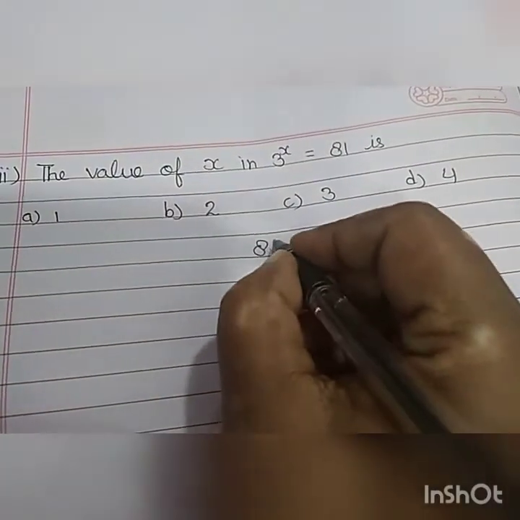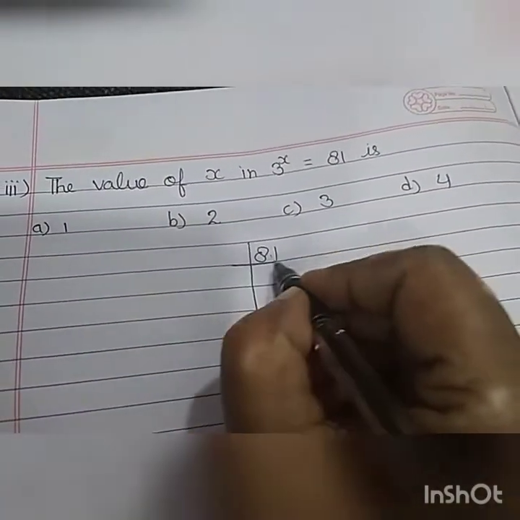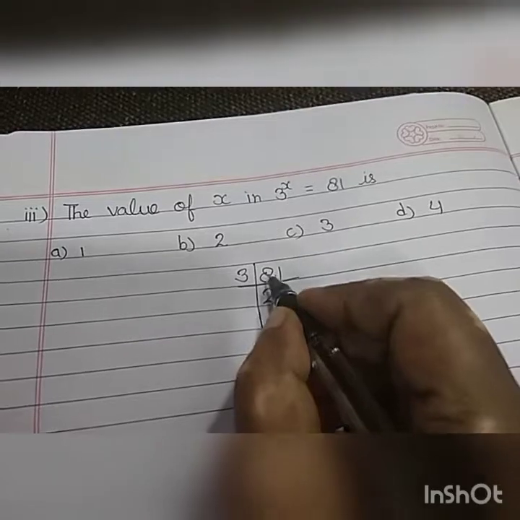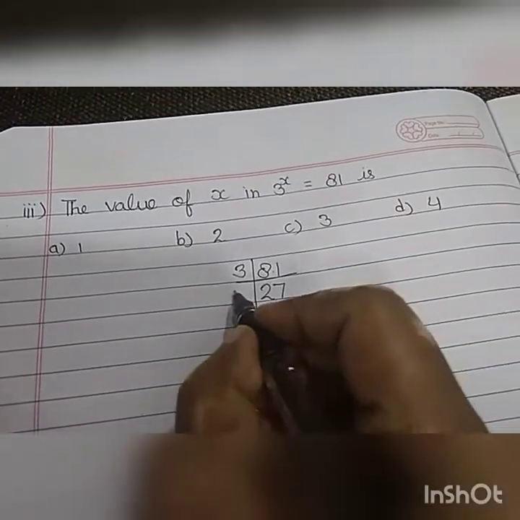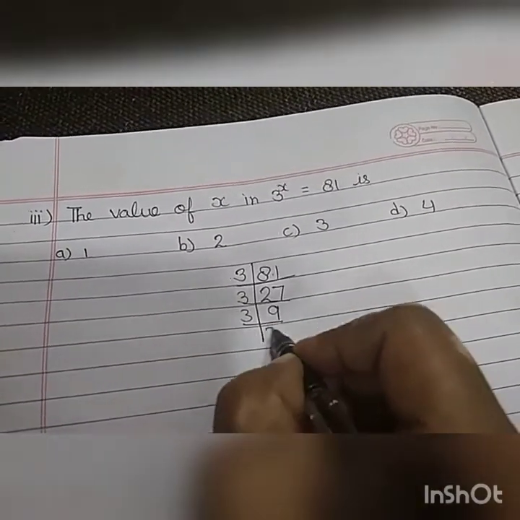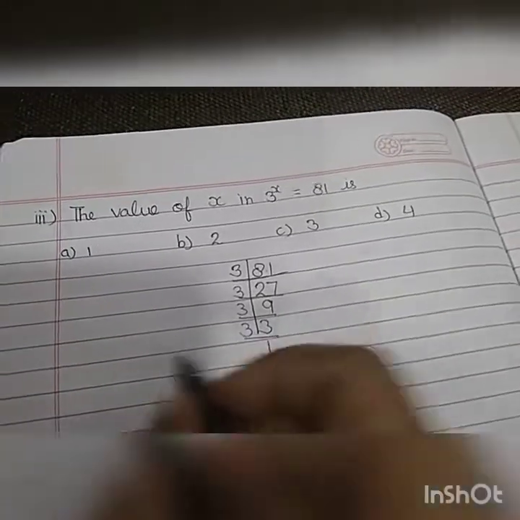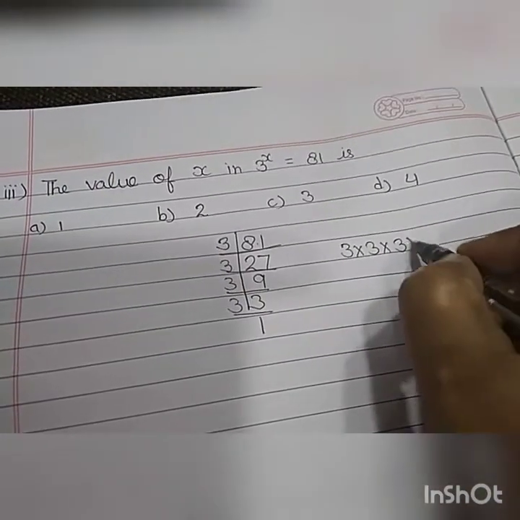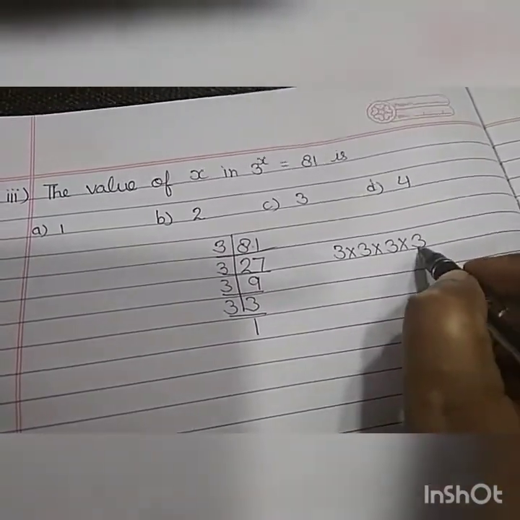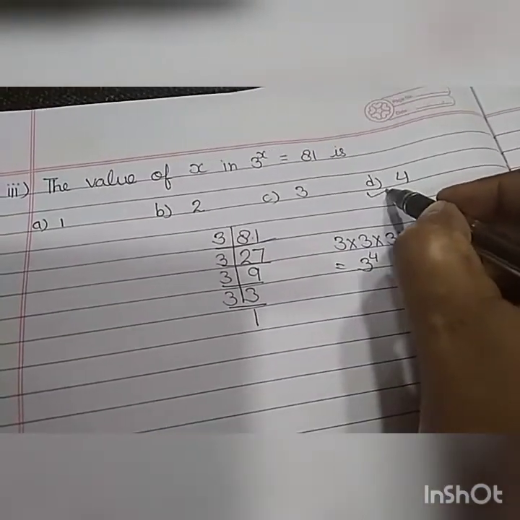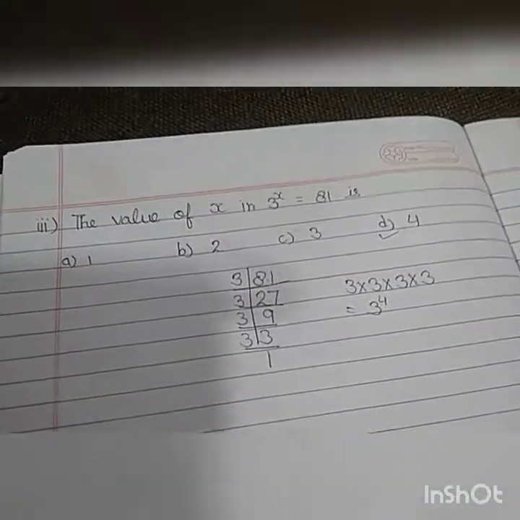So 81: 3 2s are 6, 3 7s are 21, 3 9s are 27, 3 3s are 9 and 3 1s are 3. So we can write 3 into 3 into 3 into 3. 3 is repeating 4 times. So we can write 3 power 4 and option 4 is correct. D option is correct.